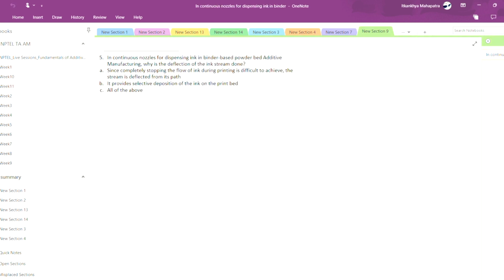Okay. So, the next question. In the continuous nozzles for dispensing ink in binder based powder bed additive manufacturing, why is the deflection of the ink stream done? Now, suppose this is the nozzle. This should be the correct path, but here we do a deflection.